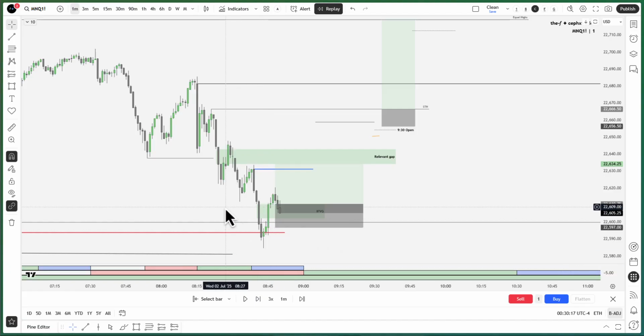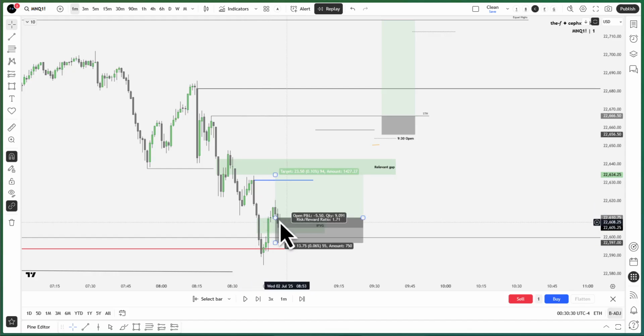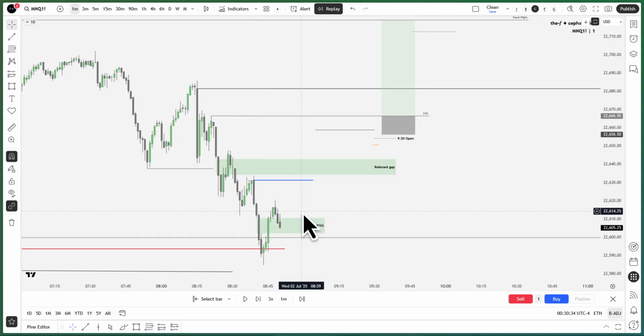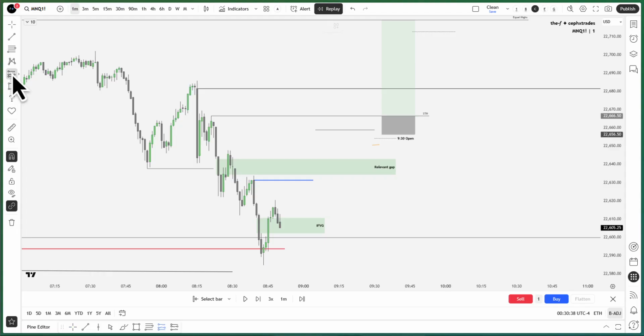If I turn this on, you're not really going to see much, but 8:45 is a relevant time. Your entry is going to be right at the inverse fair value gap. Delete this. Okay, take two.